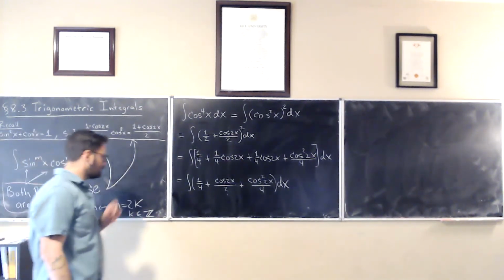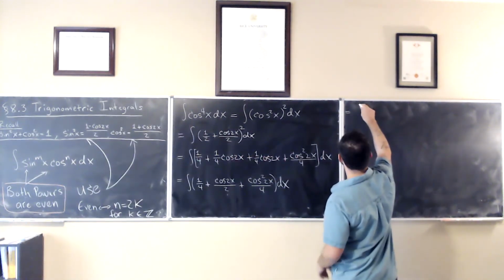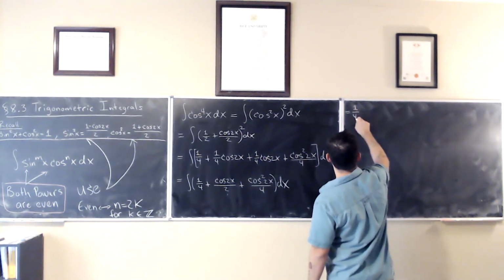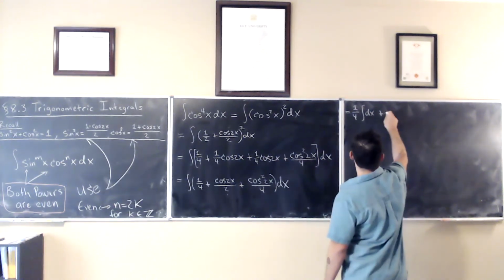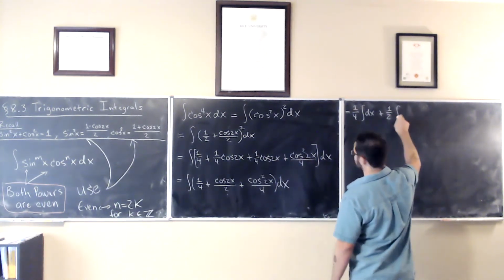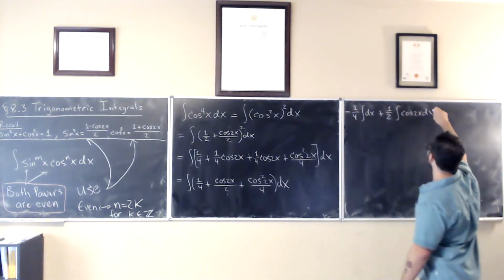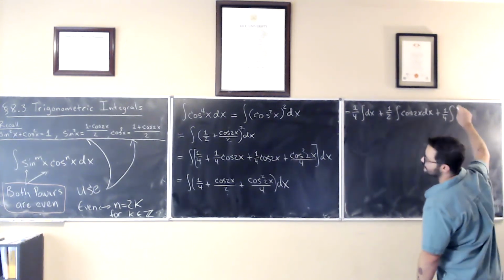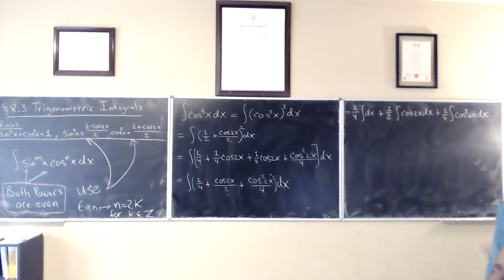So we're going to have 1/4 integral dx, plus a half integral of cosine 2x dx. So far we know how to do all of those. And then plus a fourth integral of cosine squared 2x dx. And that's the only one that's a little bit off.